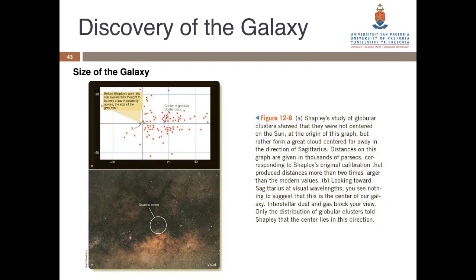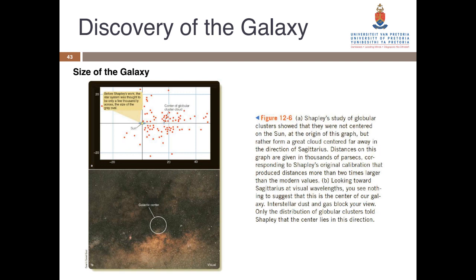In this image, we can see Shapley's study of globular clusters showed that they were not centered on the Sun at the origin of this graph, but rather on a great cloud centered far away in the direction of Sagittarius. Distances on this graph are given in thousands of parsecs, corresponding to Shapley's original calibration that produced distances more than 2 times larger than the modern values.